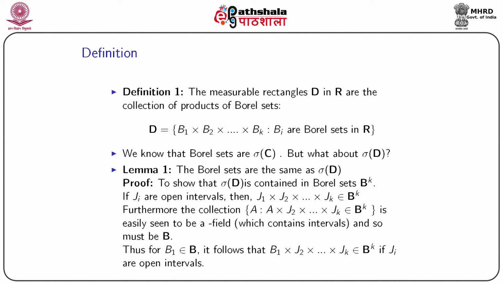Furthermore, the collection of all A such that A into J2 into J3 into Jk belongs to Bk is easily seen to be a field which contains intervals, and so it must contain B. Thus, for any B1 which belongs to B, it follows that B1 into J2 into Jk are also in Bk if the Ji are all open intervals.